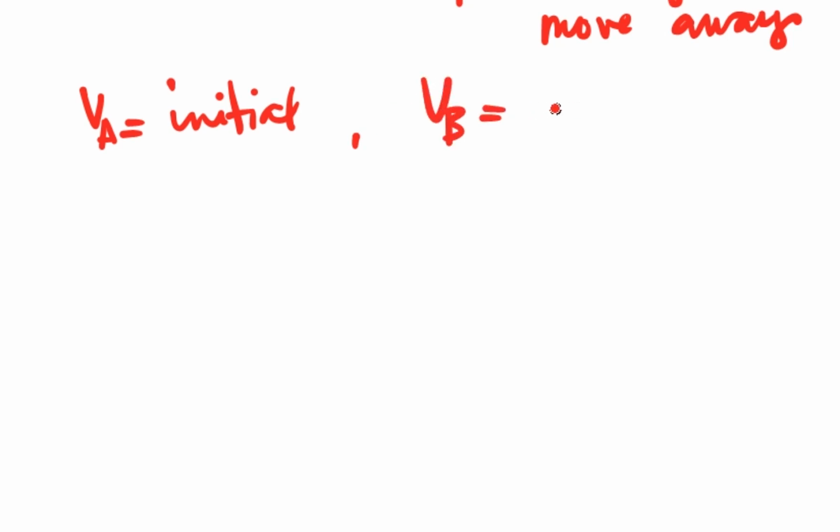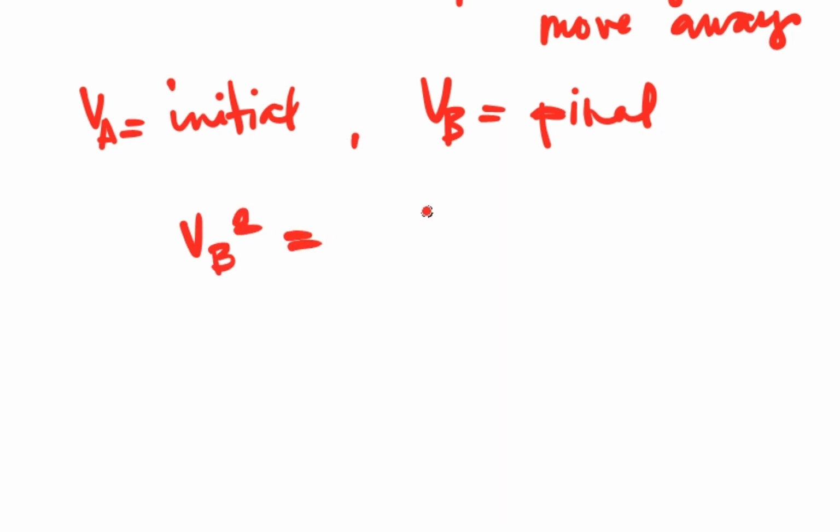To get velocity B, we can use equation number 4 in our 4 basic kinematic equations. According to our 4 basic kinematic equations, if we consider from point A to point B, VA being the initial velocity and VB the final velocity, we can have an equation for VB.